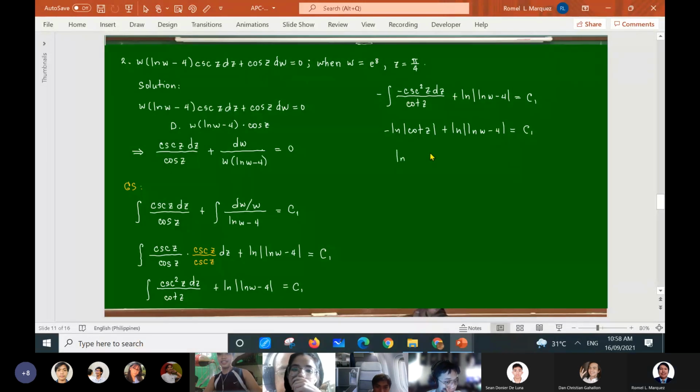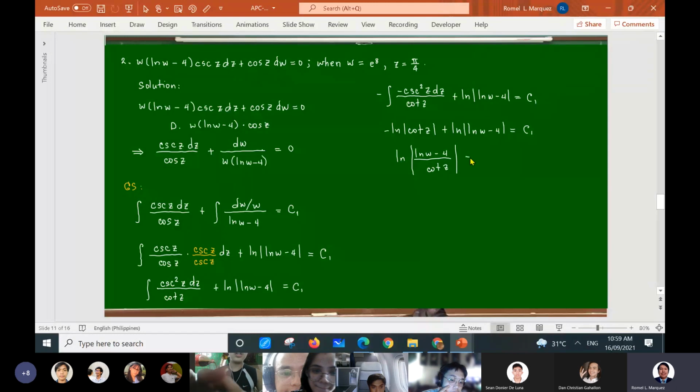ln of w minus 4 over cotangent. Am I right? Because the negative you put in the denominator, no? You can write that as a single logarithm. In exponential form, okay? e to the C1.